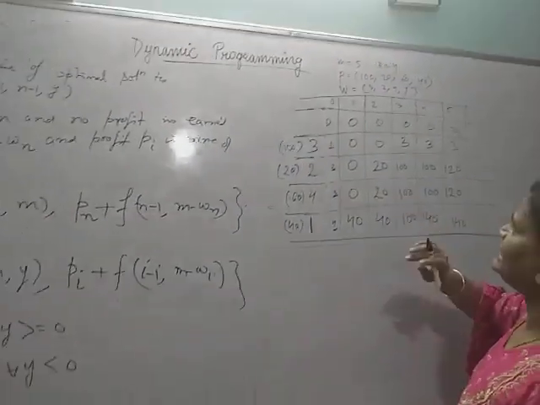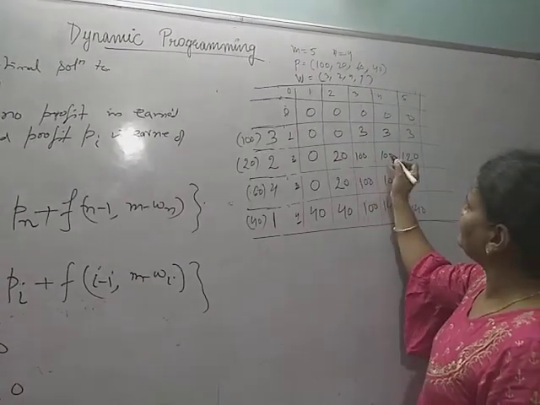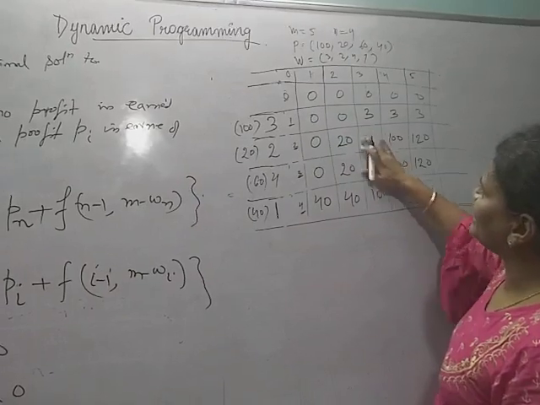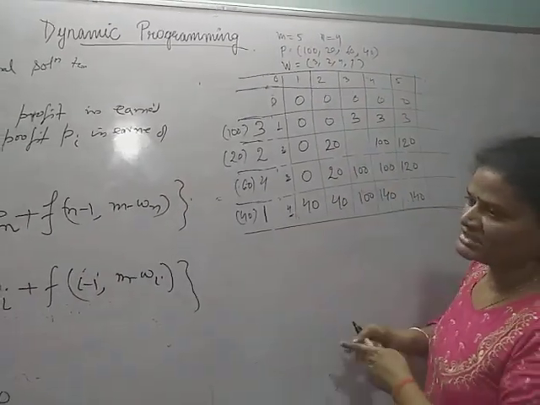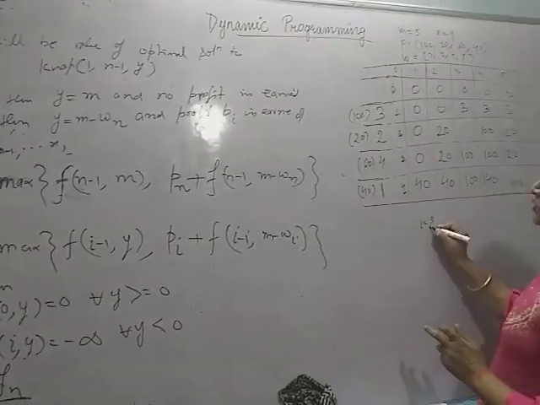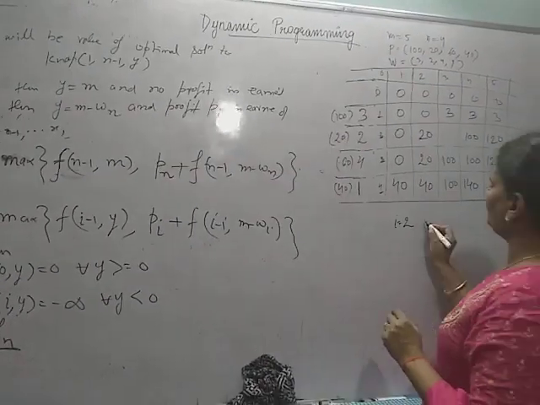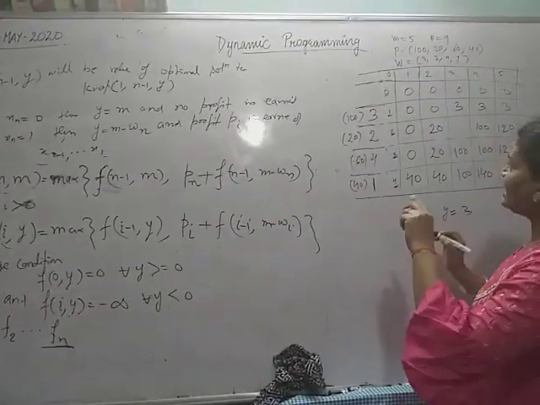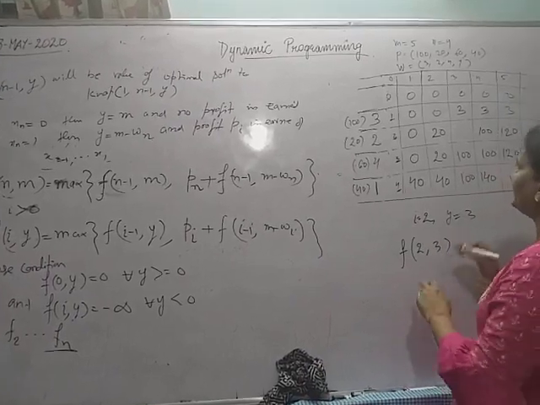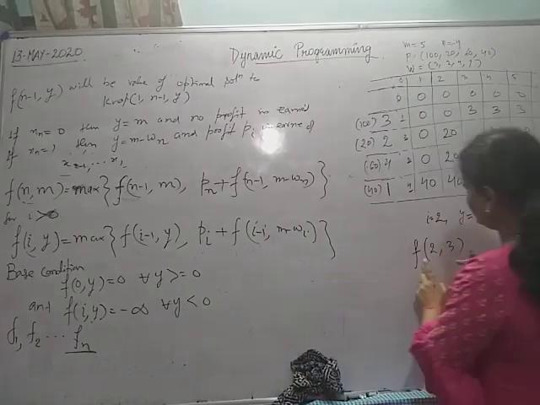Suppose at any particular time you are at this point, computing the value at this entry. Here i is 2 and y is 3. I want to compute f(2, 3).